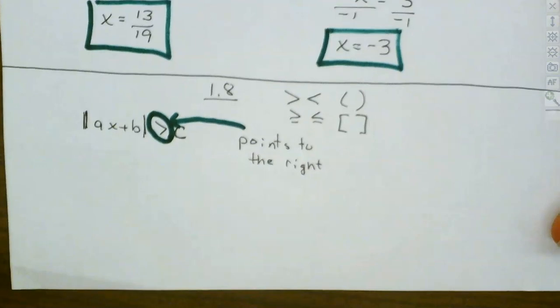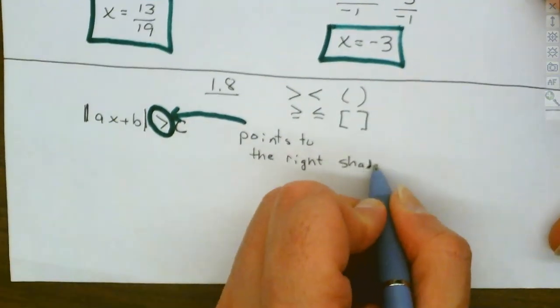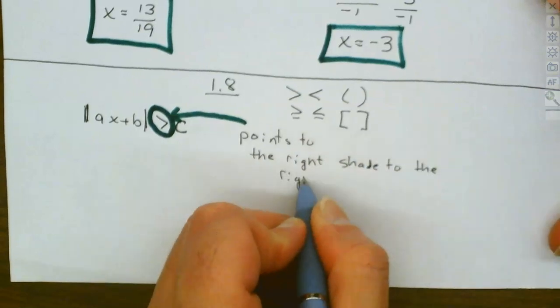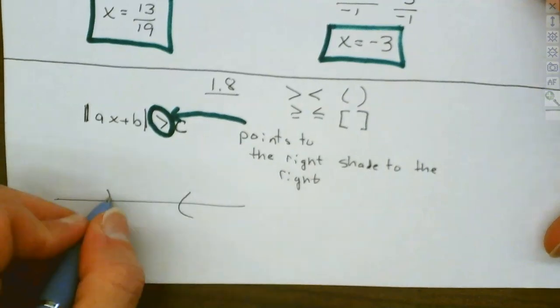And how I remember is when it points to the right, you want to shade to the right. And so this one would come out to look like this.